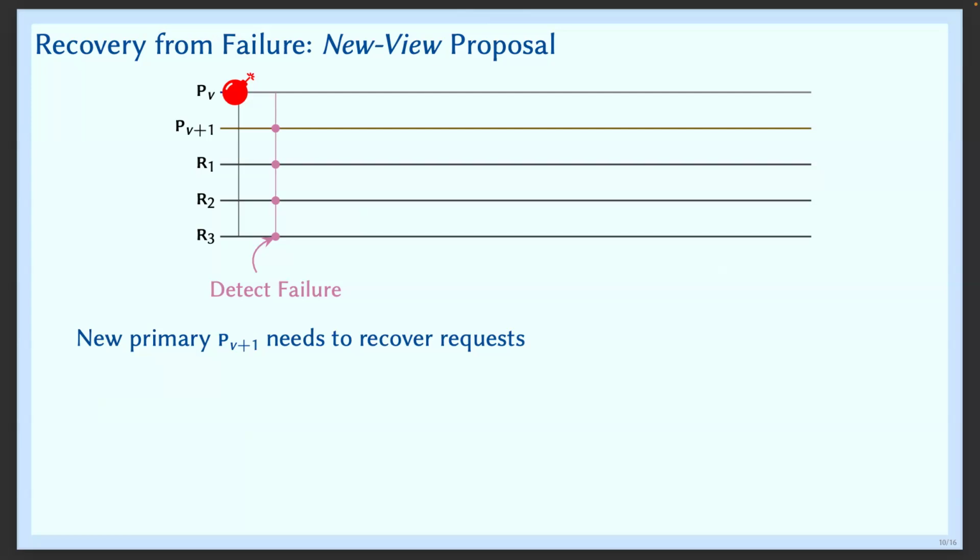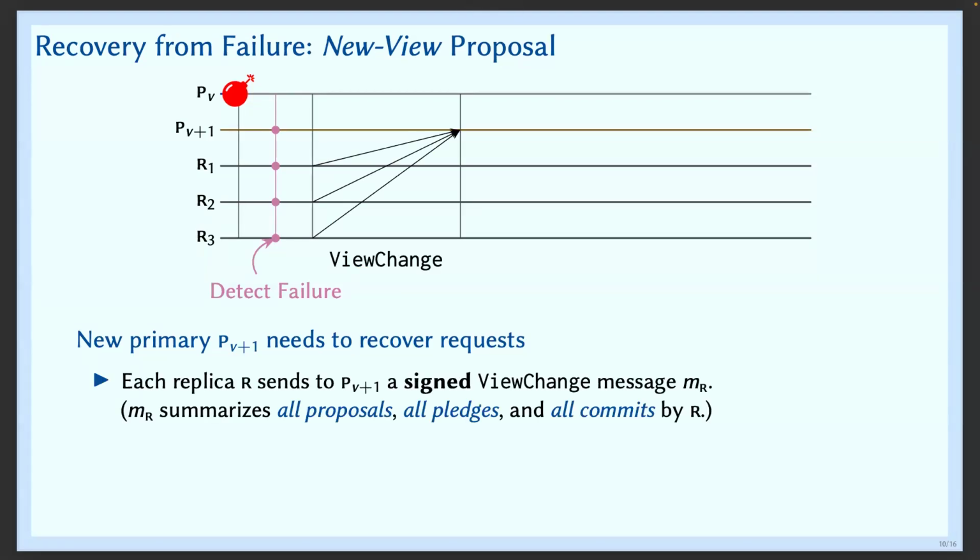So at some point, let's say the top line is the current primary, and at this point everyone is able to detect failure. They all say a failure was detected, and they all agree, somehow, that V+1 is the next leader.